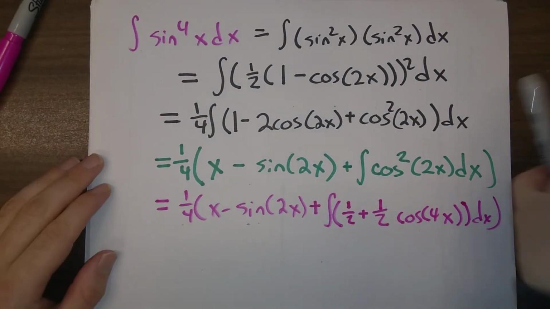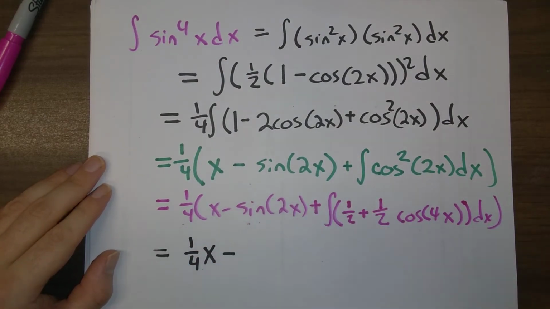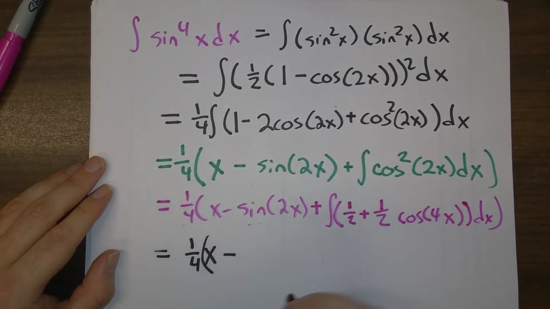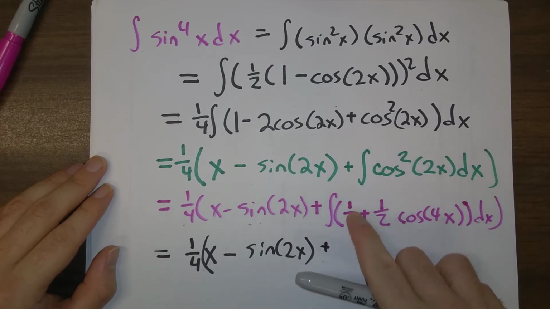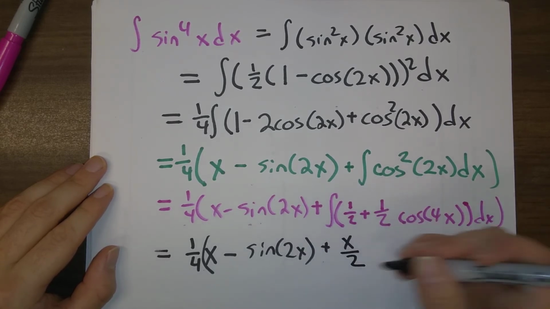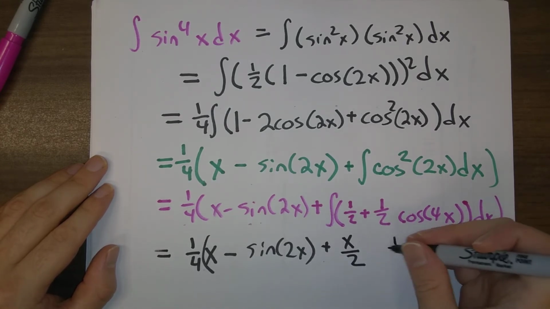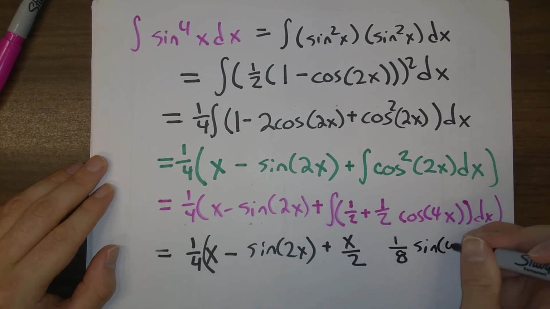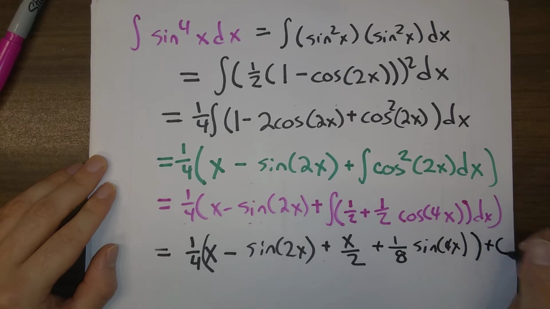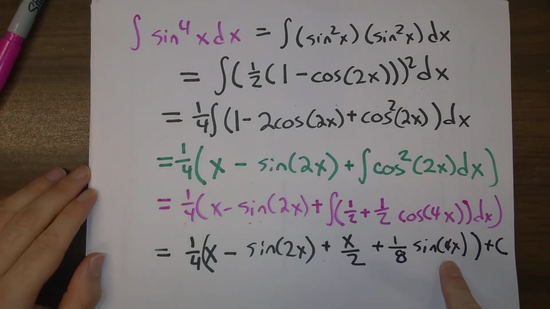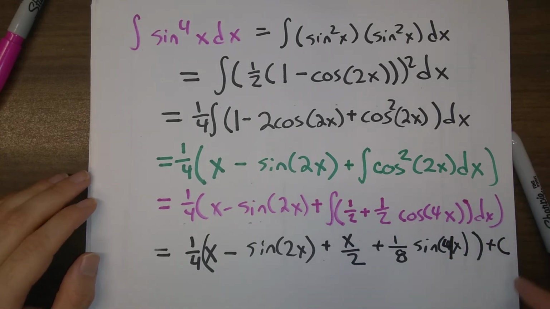Again, this is something that we can evaluate very easily. Minus 1/4 times x minus sine of 2x plus x over 2. And then the antiderivative of cosine of 4x would be 1/8 sine of 4x, because if we take the derivative of 1/8 sine of 4x, we would get 1/2 cosine of 4x.